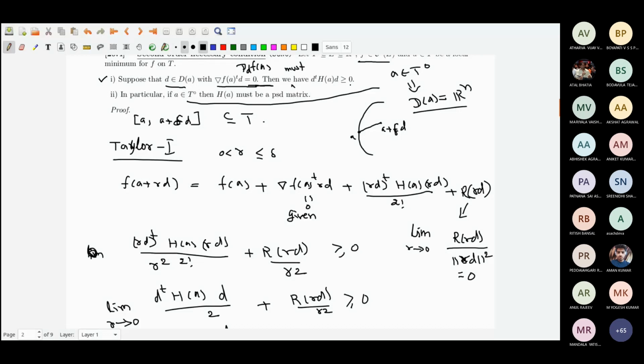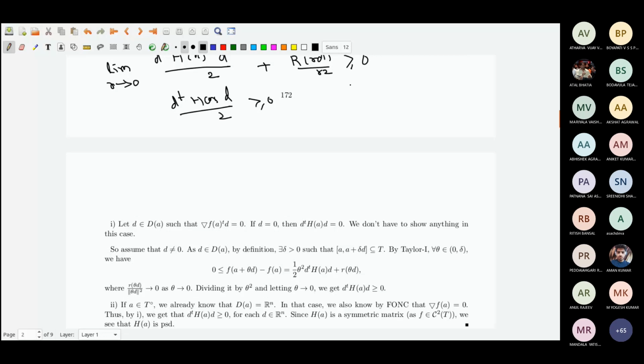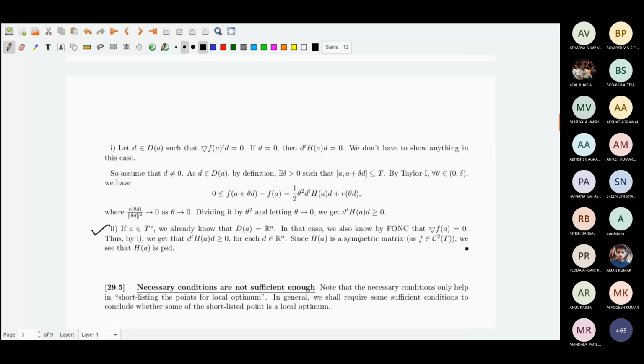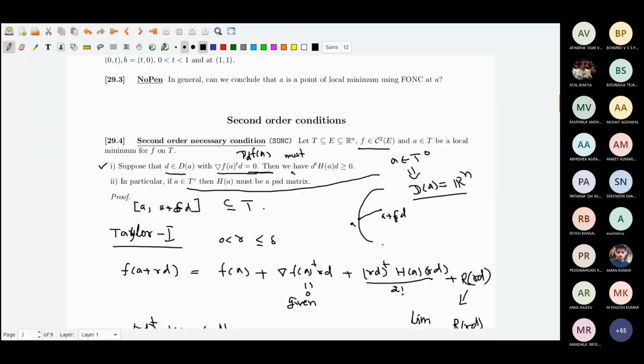So here in item 2, if you are trying to prove the second item, look at what has been given in the first item. It has been given that the directional derivative of f at a is equal to 0.